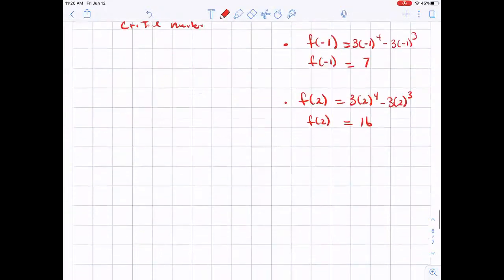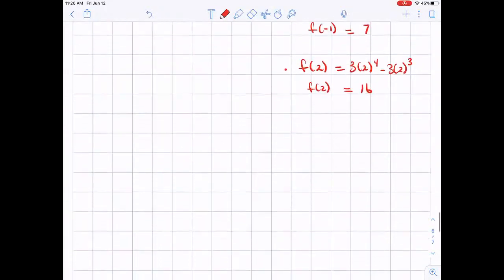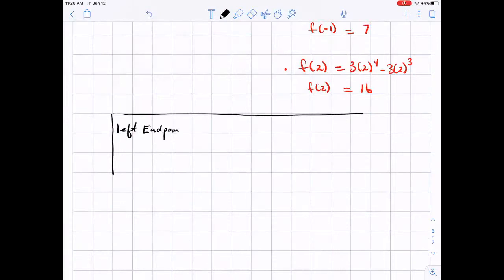So if we make a little table here, and this is just a matter of style, I like the table. If we call this the left endpoint, then we had a critical number, then we had another critical number, and then we had the right endpoint.